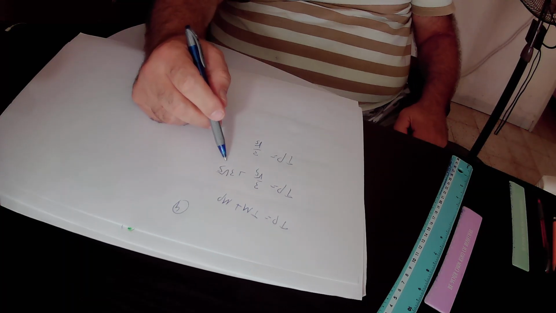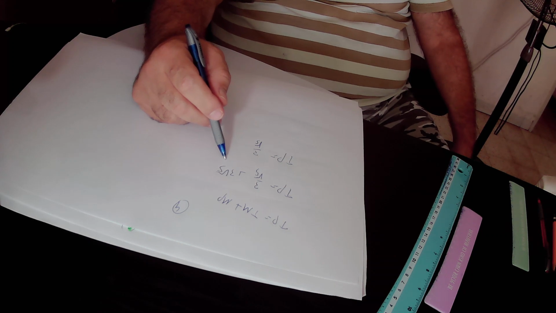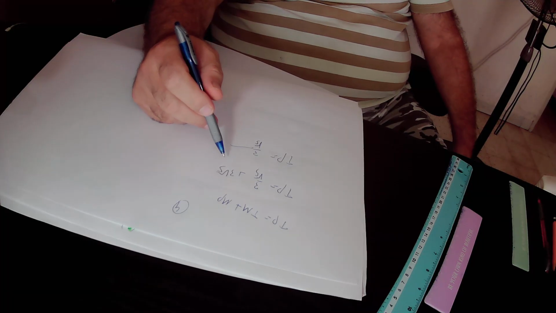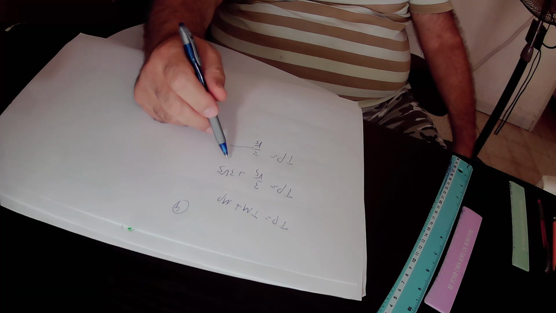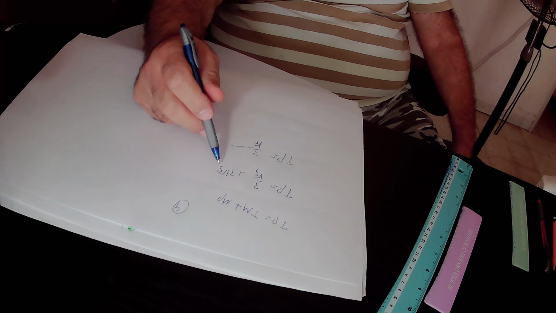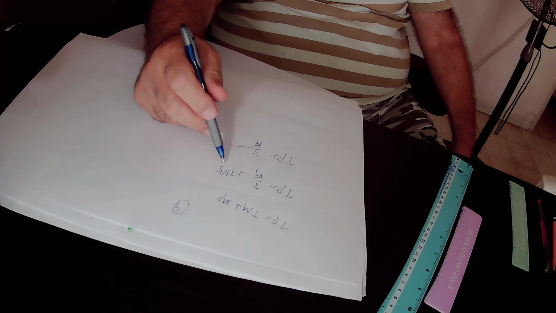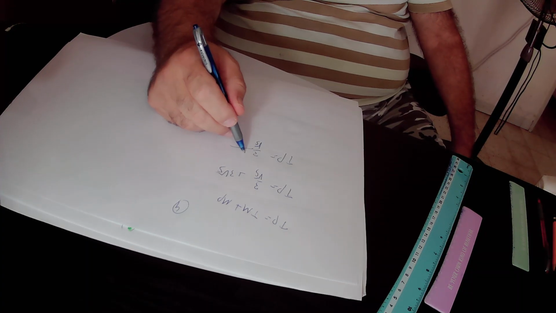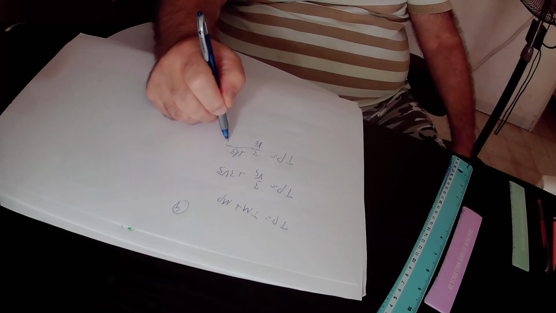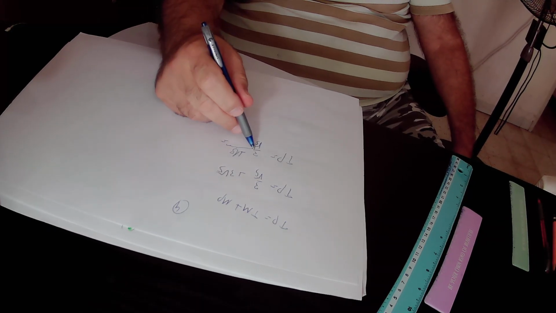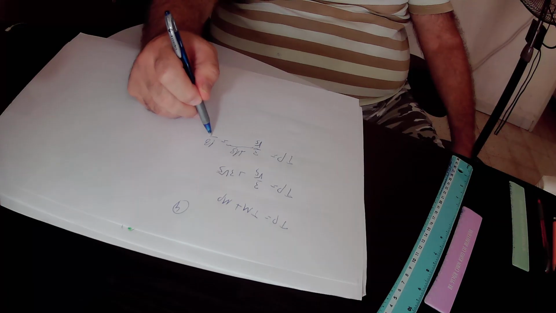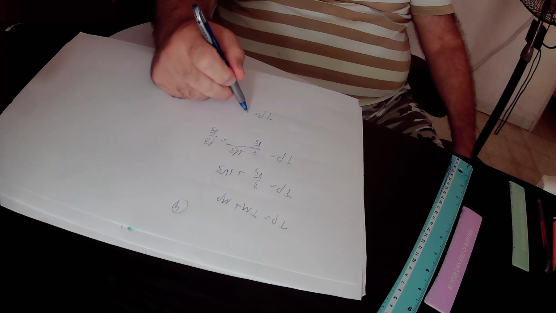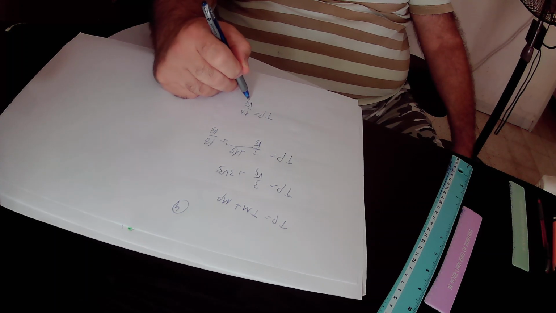Here we will multiply this expression by square root of 5, and then we divide it by square root of 5, and we get in the denominator square root of 5, and in the numerator square root of 5 times square root of 5, that is 5, and 5 times 3 is 15. So in the numerator we have 3 times 5, which is 15, plus 3, that is 18, over square root of 5. So in total, TP equals 18 over square root of 5 units in its length.